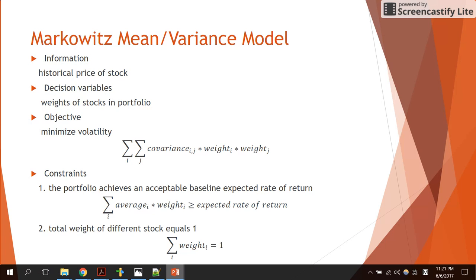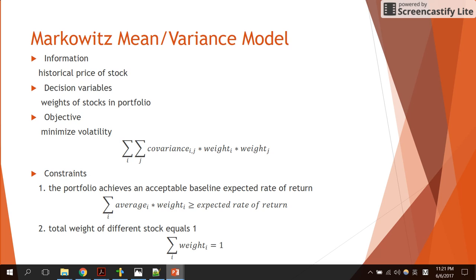Then let's see the Markowitz mean-variance portfolio model, which is a financial optimization problem. The goal is to choose the portfolio weighting factors optimally. Let's analyze the problem from the four perspectives.